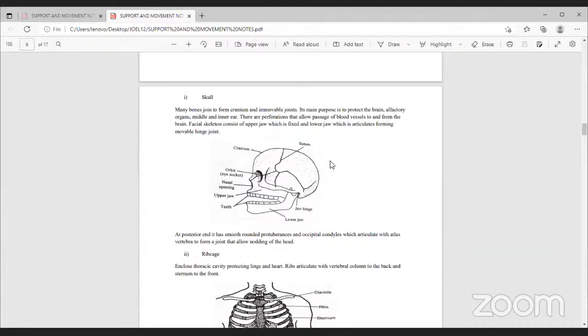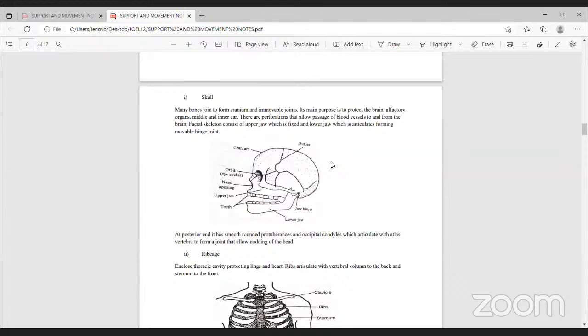When you talk about the olfactory organs, this is basically the nose, and the organs leading to the respiratory organ, all the way to the lungs. Then it also provides protection to the middle and inner ear.